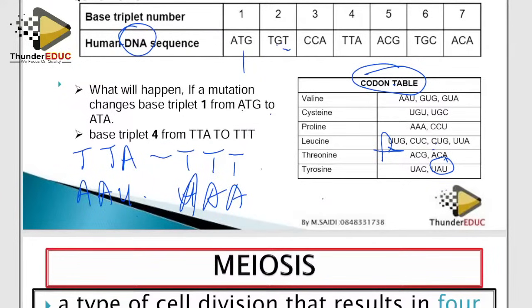But if it is a change in the sequence of bases, we call it gene mutation. If the change leads to the same amino acid, there won't be an effect on the protein. But if the change in the base sequence leads to a different amino acid, then there will be a change in the protein. Is it clear?